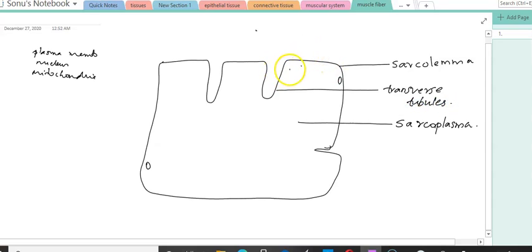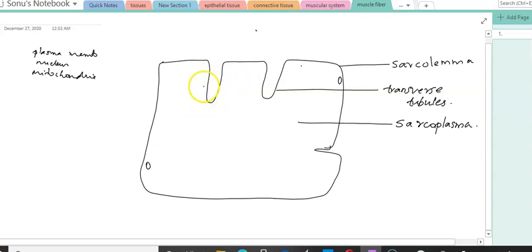And here this is the cytoplasm, or we can say that this is the intracellular fluid, and these invaginations, these areas, are filled with extracellular fluid. Since there are these invaginations, the extracellular fluid has more contact with the surface area of the sarcolemma, so the exchange of ions is very fast.